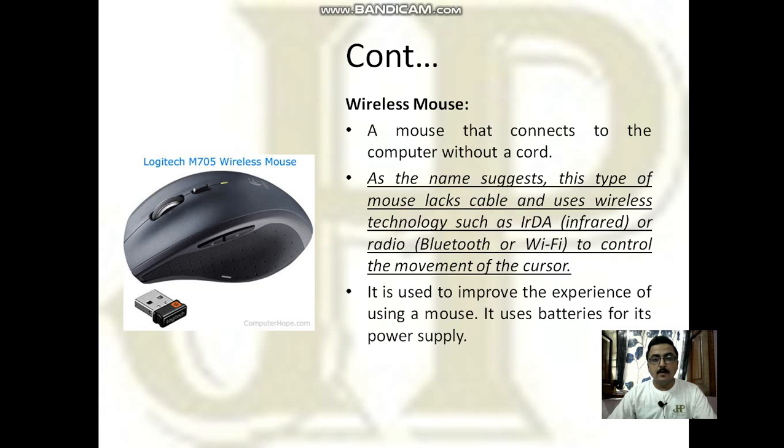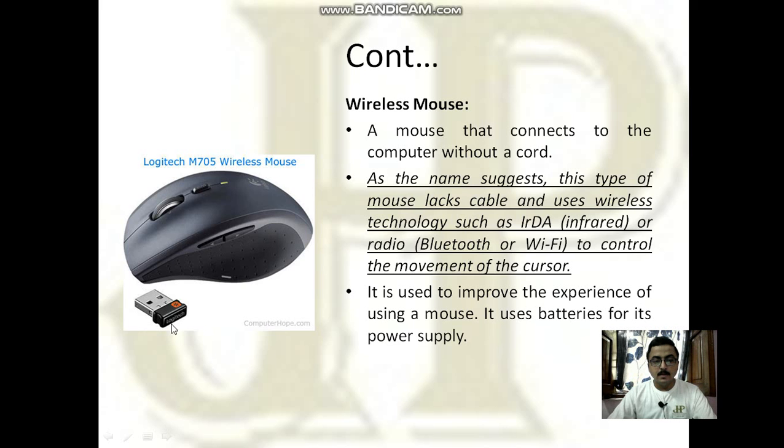Next one is the wireless mouse. A mouse that connects to the computer without a cord. So how is it possible? It is possible due to wireless technology such as IrDA, that is infrared, or radio waves like Bluetooth or Wi-Fi to control the movement of the cursor.